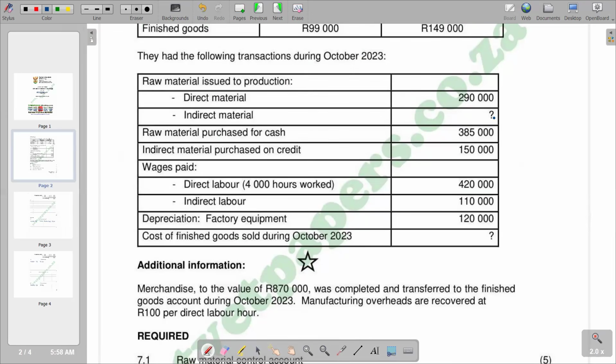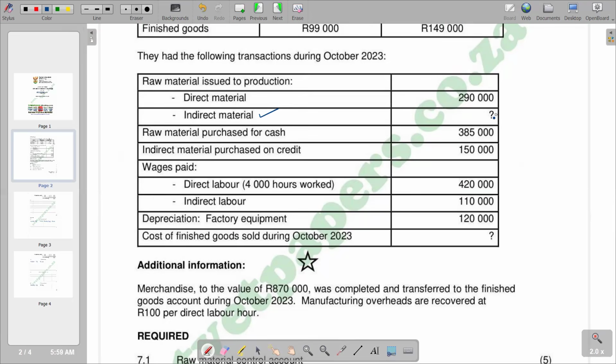So the double entry of this one again is we credit production control, and then we debit manufacturing overheads. So the double entry of indirect material, we are supposed to credit production control, and then we debit the manufacturing overheads control. You can take note of that.